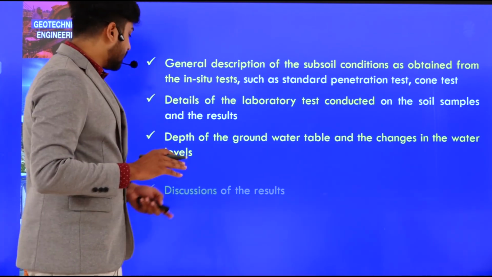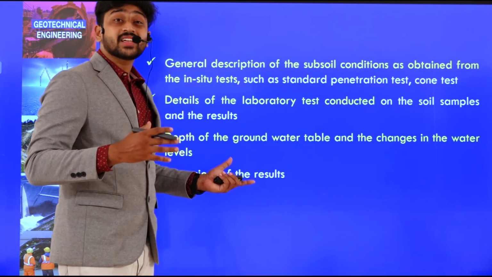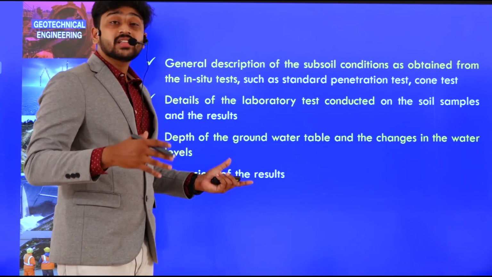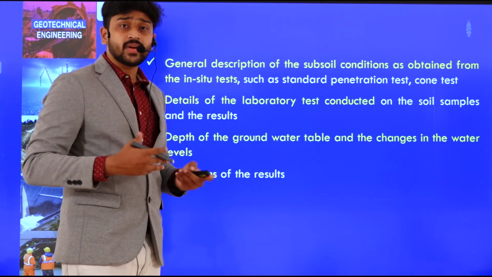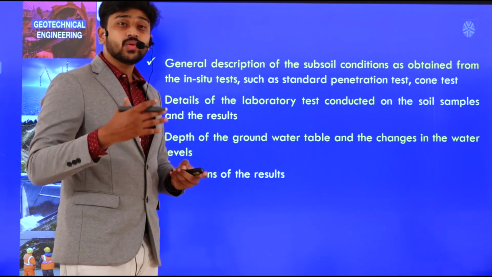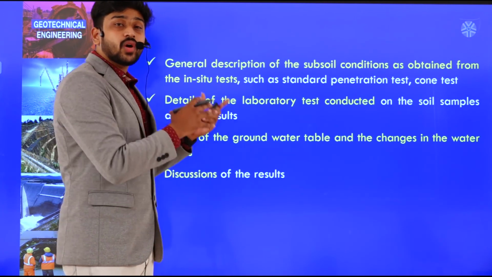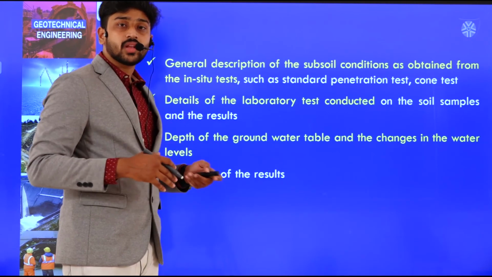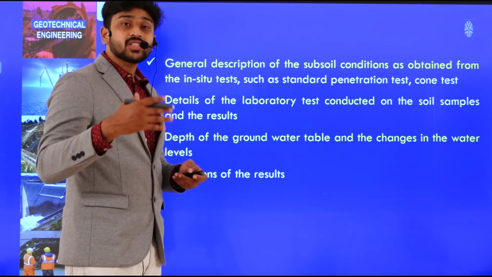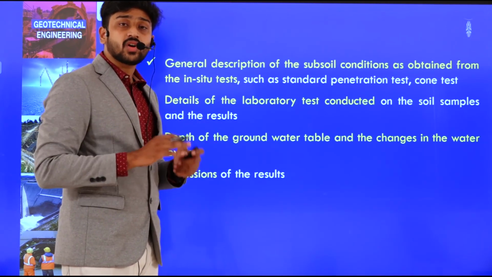And then furthermore we need to give discussions on whatever results we obtain. We need to indicate them whenever I am submitting a report to the client. I need to give clearly what the soil type is. I need to discuss this particular aspect of the soil, whether the proposed structure is suitable for this site or not; that I have to mention.